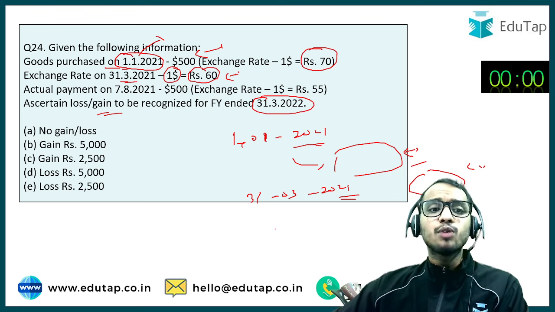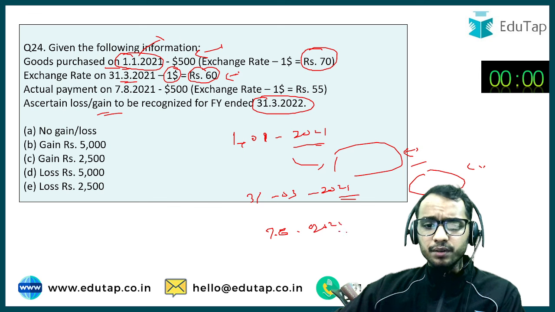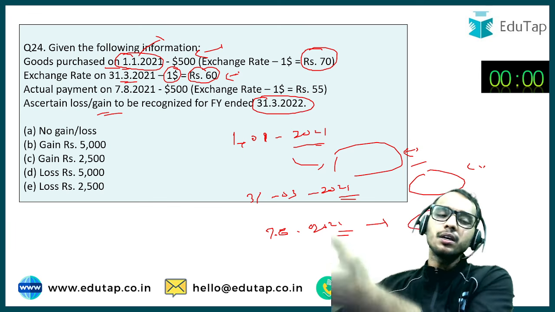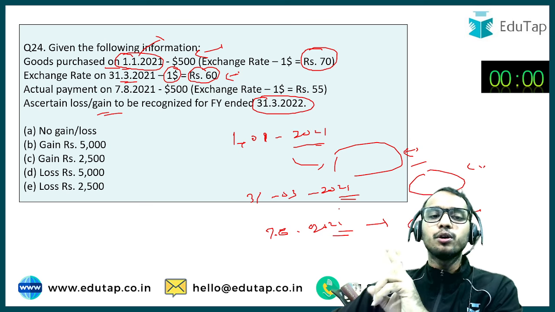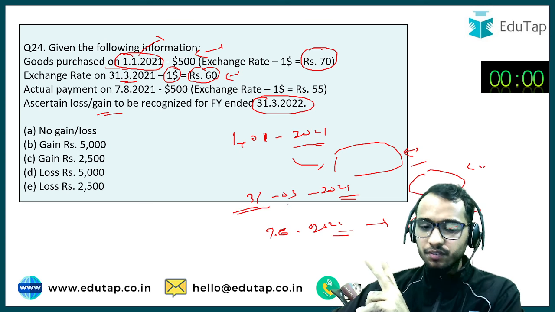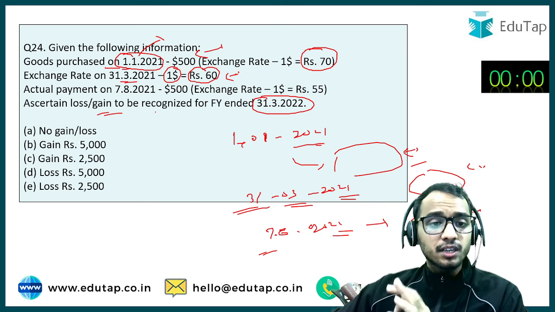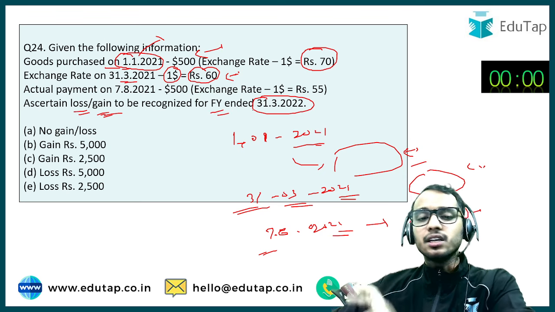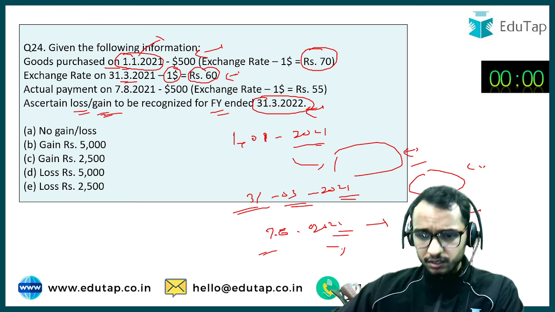Then again when you are paying it on 7 August 2021, again you will see what is the amount you are paying to your creditors. So in two cases you are going to recognize your profit or loss, in 31st March 2021 and on 7th of August. But the question is asking you a certain loss or gain to be recognized in financial year that has ended on 31st March 2022.